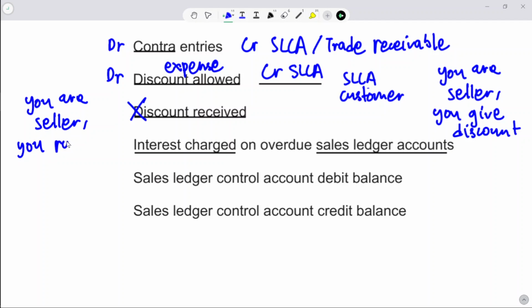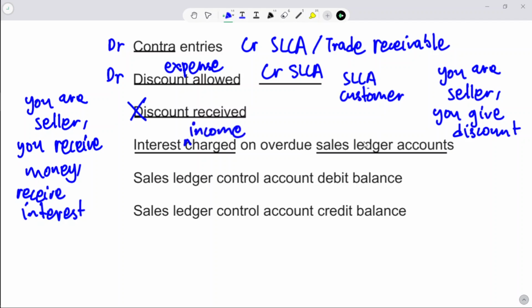So you charge, and you receive money. Also you receive interest. So this interest is actually interest income.